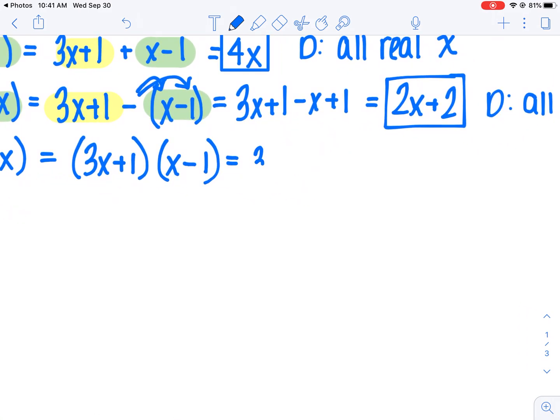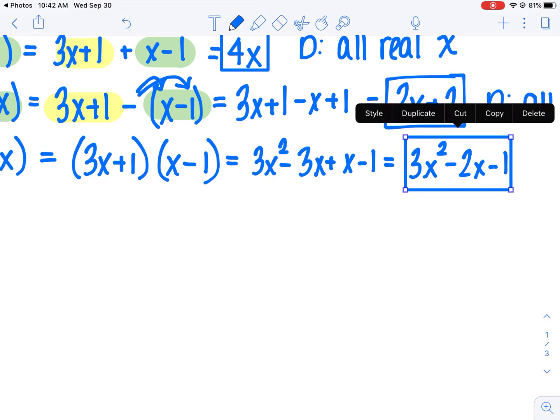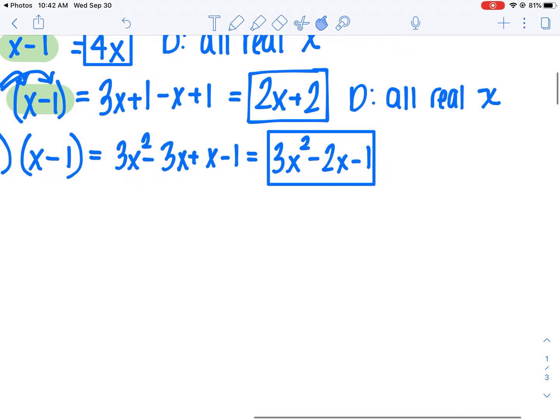You will get 3x squared minus 3x plus x minus 1. Combine your like terms. And that's what you would get if you multiplied the two. No restriction. All real x.